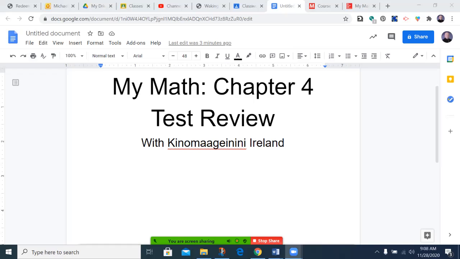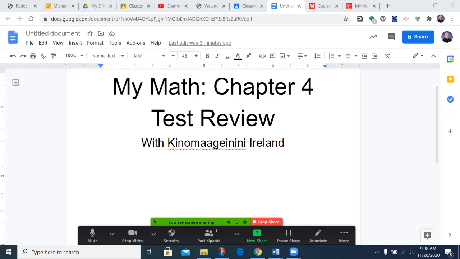So I'm going to get a new share here, and I'm going to do it with a whiteboard. Our steps for division are divide, multiply, subtract, compare, bring down.